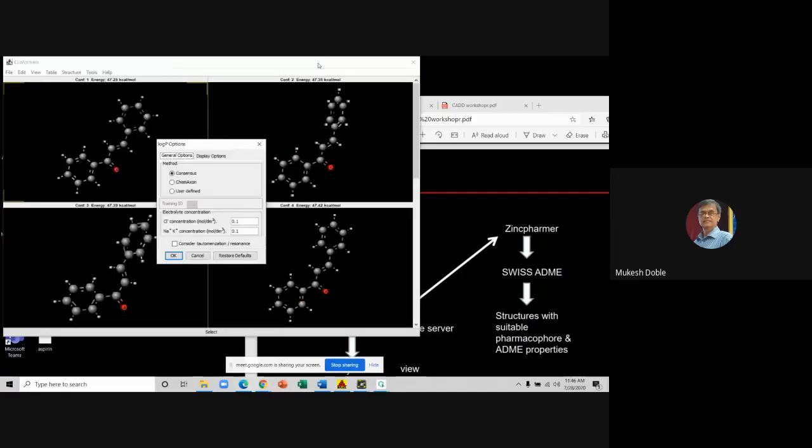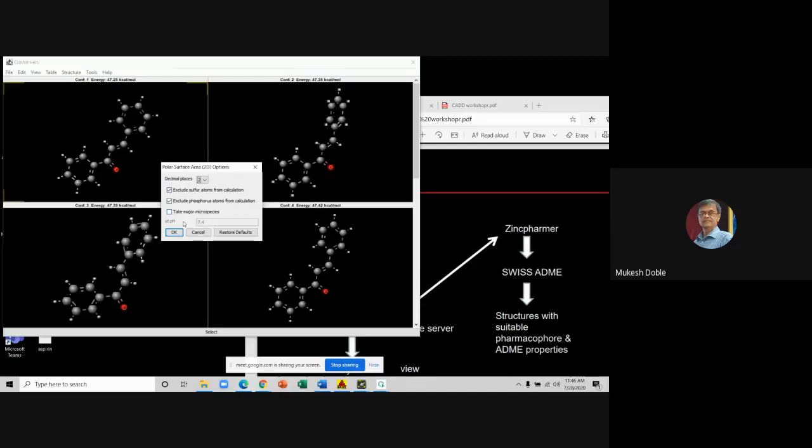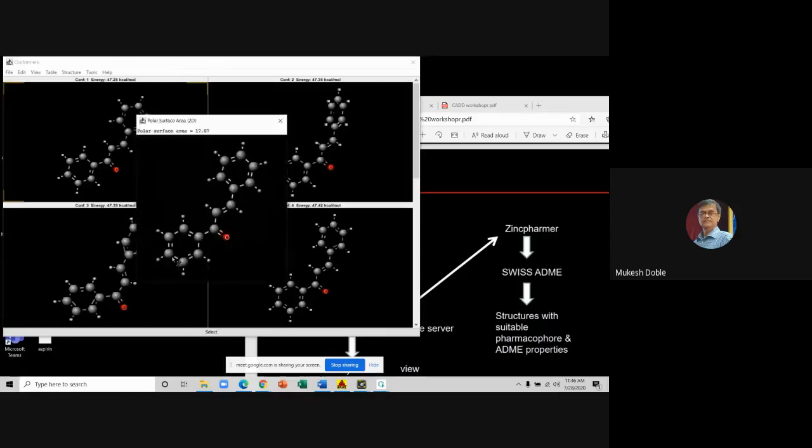So this Marvin can also do a lot of calculations, like I said. It can also calculate polar surface area. If you are interested in knowing the polar surface area, it can give you that, because generally polar surface area should be about 80 to 120.